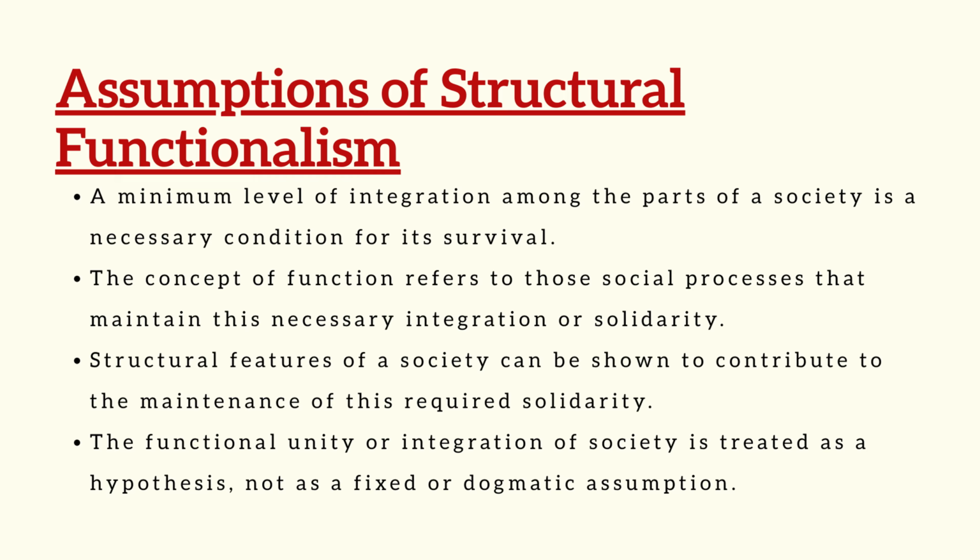A society is made up of different institutions, such as family, religion, economy, law, and education. For society to survive, these parts must be linked together. They must operate in a coordinated and orderly manner. If the parts are completely disconnected or in conflict with one another, social life would collapse. Therefore, integration is not optional but a necessary condition for social existence.